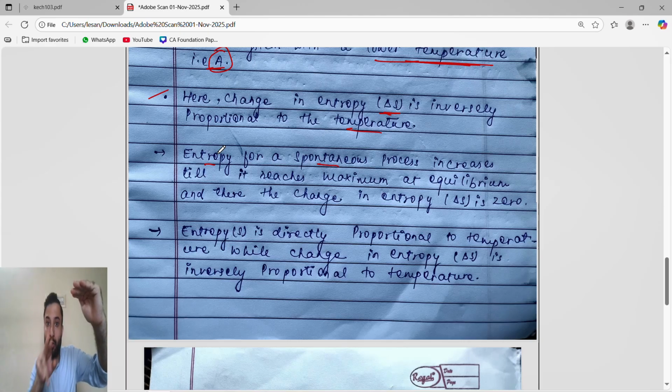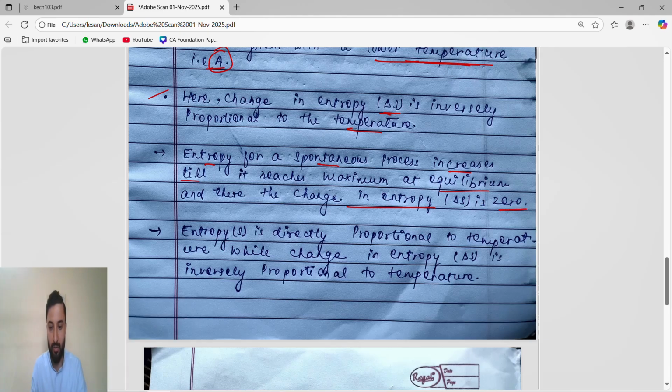Equilibrium means 0, everything becomes 0, saturated. And decrease will continue till you reach equilibrium, because at equilibrium everything is 0, saturation. So very important: entropy for a spontaneous process increases till when? It reaches maximum at equilibrium. Equilibrium means change in entropy is 0.